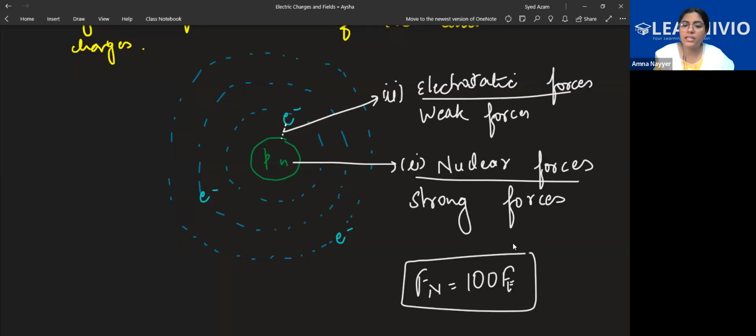So you tell me, Aisha, if I give you this atom and this scenario, out of all the particles that are present, which will be easily escapable, which can come out of the atom easily? The one in the outermost shell.